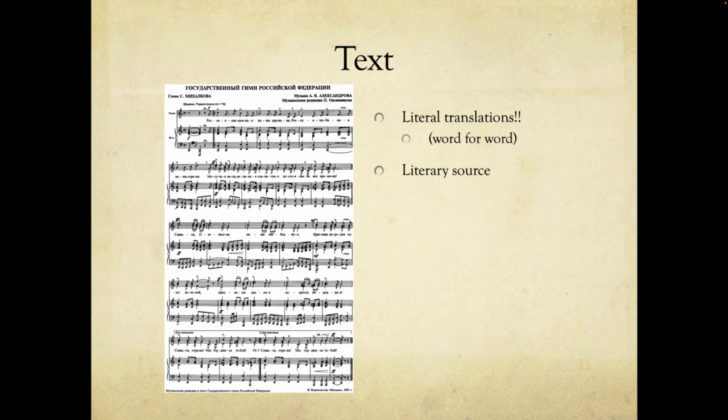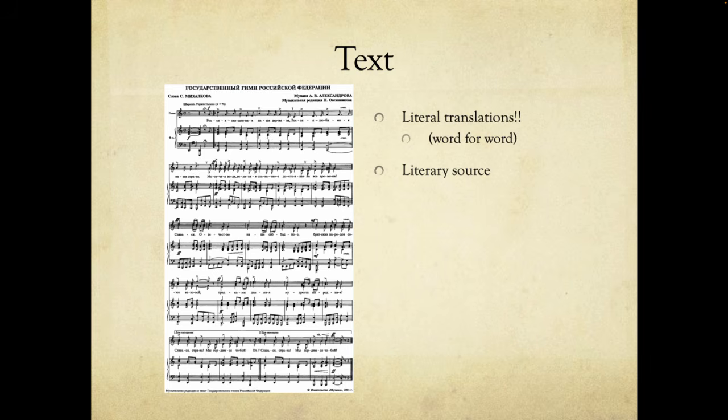Find the literary source. So we don't know necessarily where everything comes from, but in a lot of cases, especially in choral music, we're dealing with sacred texts, and it's very important to know where they are. But even in dealing with texts that might come from, for example, if you're in the Renaissance, if it's a madrigal text, or a chanson from France, if you're in the modern era, where the poetry is coming from.